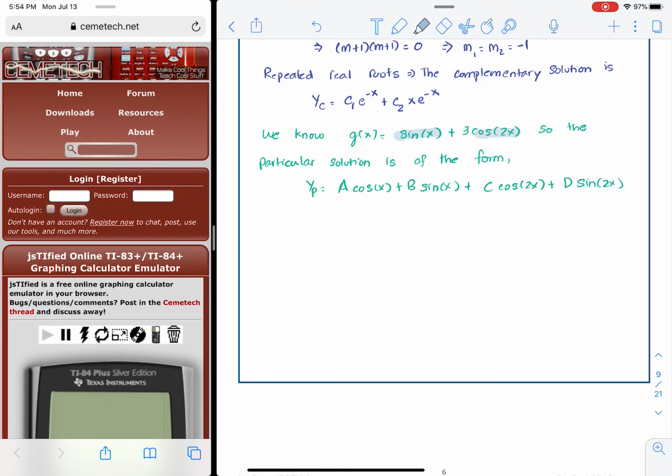So that is the particular solution that I am going to suggest based on what we see on the right hand side.